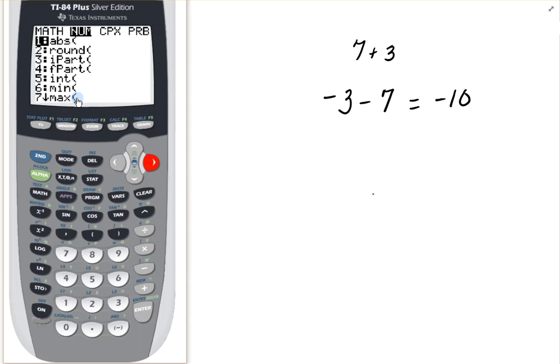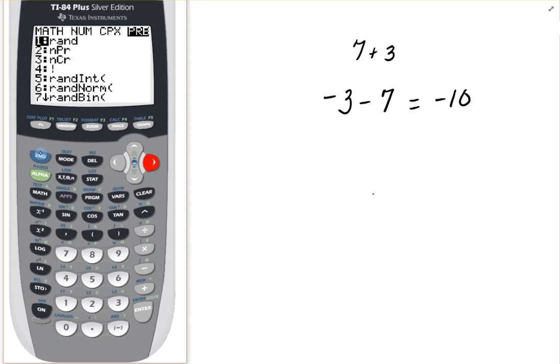Once again, we will talk about these as we need them. Complex numbers, later in college algebra, we might need this. Probability, it will randomly generate, it will do permutations, combinations, but we will not need those at all in this course, I don't believe.